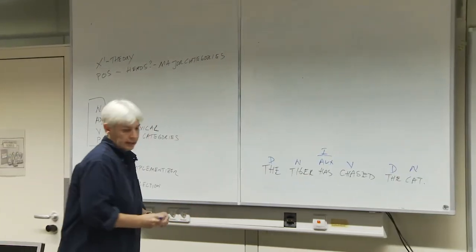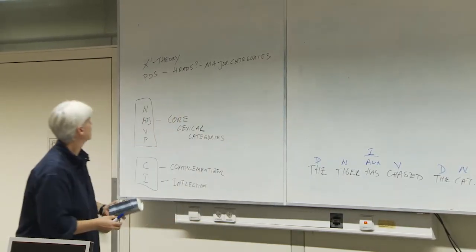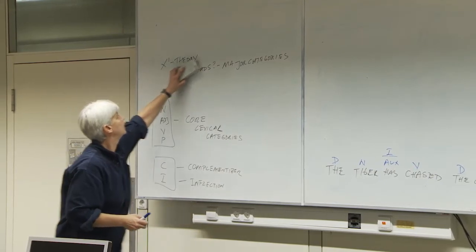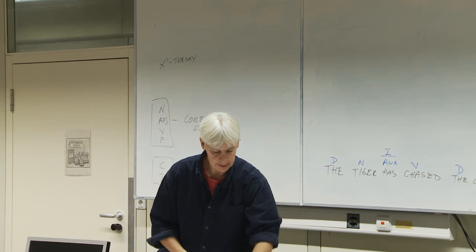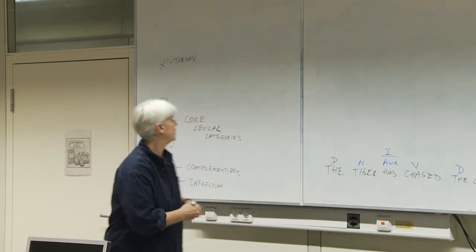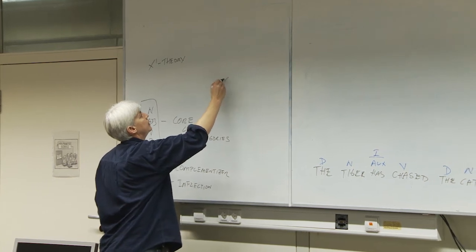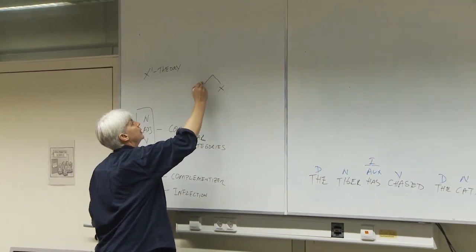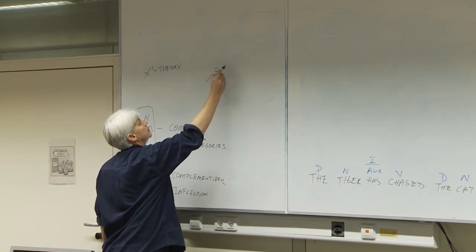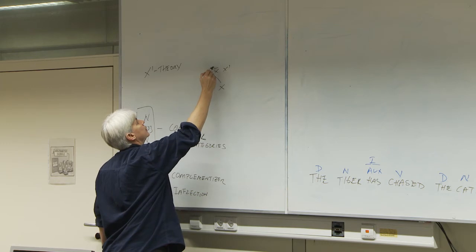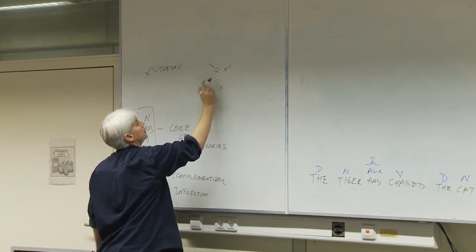And now over many decades of research, people formulated something that's called X-bar theory, and the idea there, you probably remember, is that if you have a head, this head projects in a certain way, so that you have, it was either written like this or like this. Other way around.